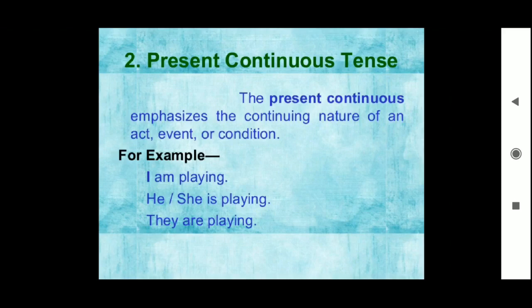The work is in process. He or she is playing. It doesn't tell the finishing touch of the work, when it has finished or when it has started. It is just telling about the continuity of the work. They are playing, it means they are still playing.